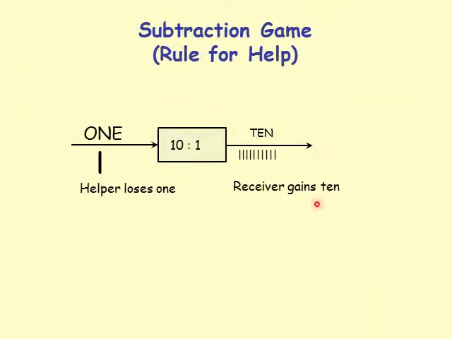Here is a cartoon trying to show that a unit of help given from the left becomes 10, going through a 1 to 10 conversion, and shows the helper loses 1 unit of its value and the receiver gains 10 units of its value. When I learned subtraction in second grade or so, and we were borrowing from the left, we stuck that borrowed 1 to the left of the next digit on the right.